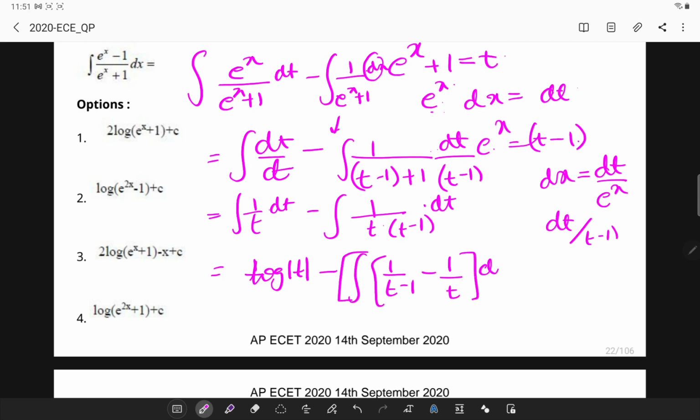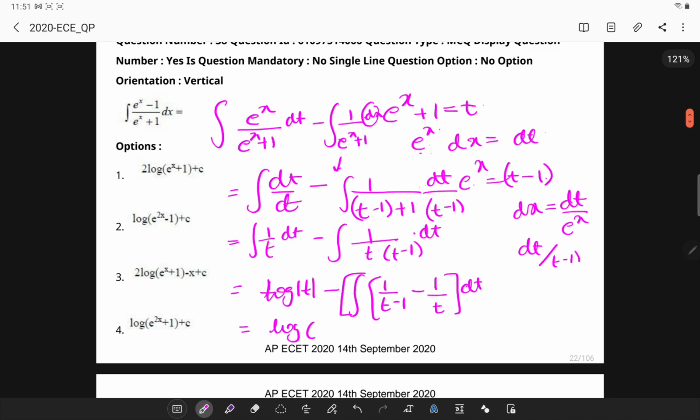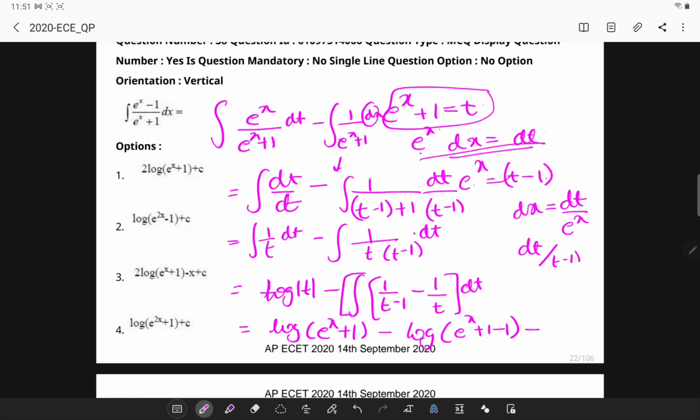So this is log mod t minus, I have to make it into parts, 1 by t minus 1 with integration dt. So I can write it as log of e power x plus 1 minus log of t. I am replacing again e power x plus 1 minus 1, and minus of minus 1 is log t.